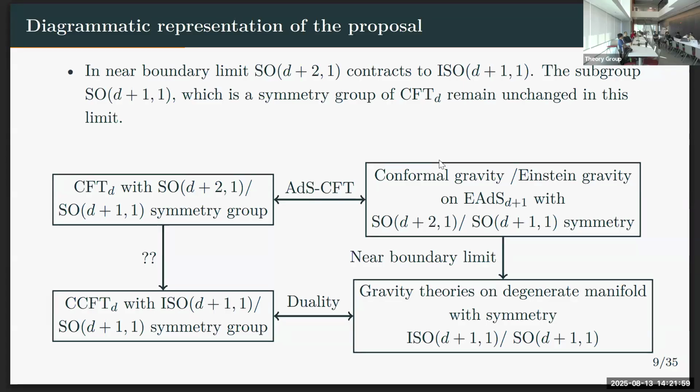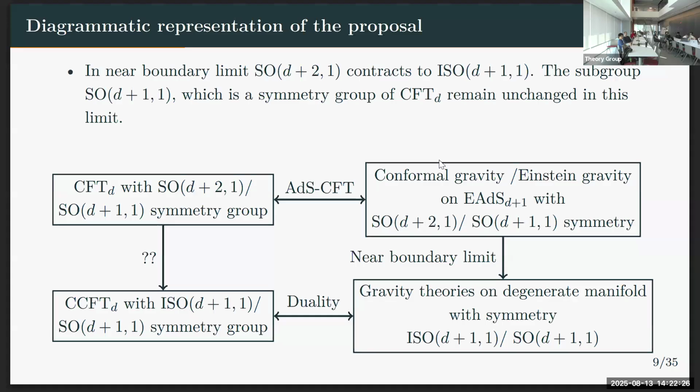You're considering some sort of small band near the boundary where your operators live. That's the question. But combining these fields to get the Einstein gravity limit, so this might be, let's see.